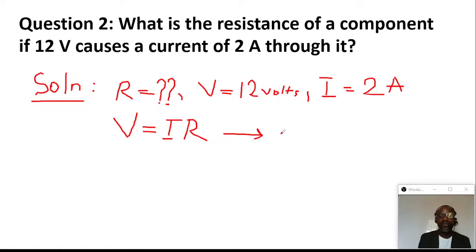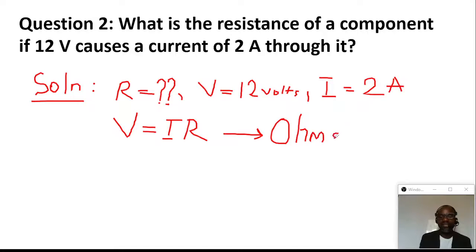We're going to explain Ohm's law in detail as time goes on, but today we are only focusing on one or two things that matter because of the topic we are treating at the moment.